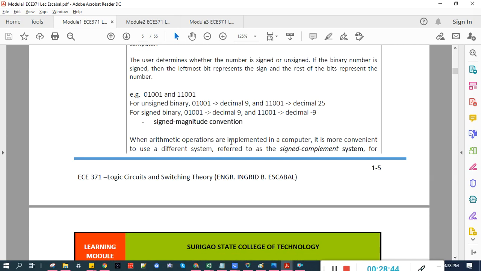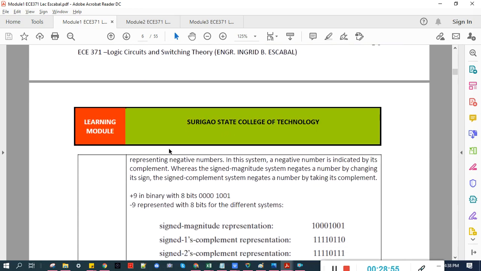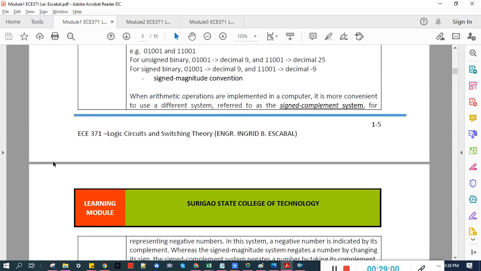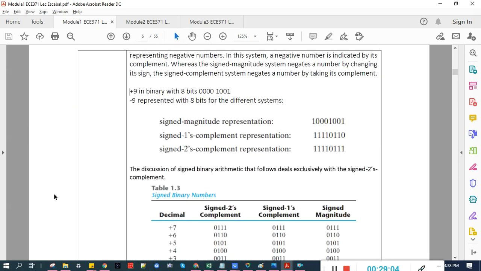When arithmetic operations are implemented in a computer, it is more convenient to use a different system, referred to as the signed complement system, for representing negative numbers. Signed complement instead of the signed magnitude. In this system, a negative number is indicated by its complement, whereas the signed magnitude system negates a number by changing its sign.